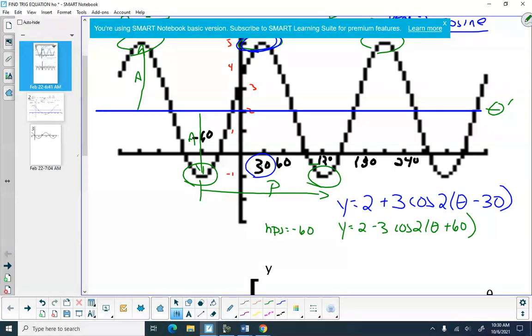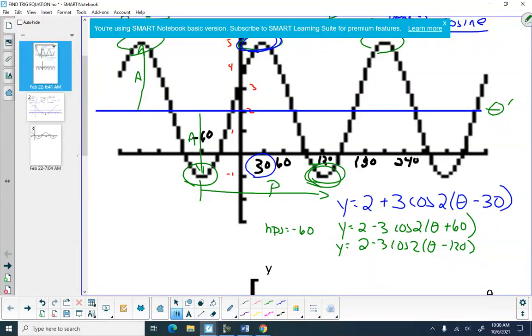That's a correct answer also. But now you're at a negative here. You could go to this valley here also and write 2 minus 3 cosine 2 theta minus 120. That takes me to this valley value here. That is a correct solution.